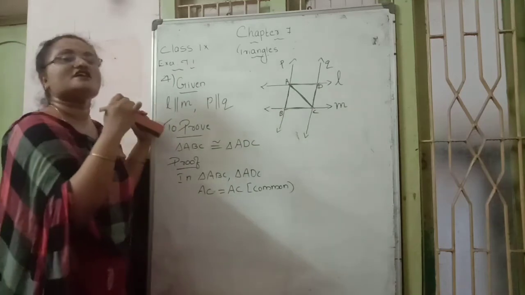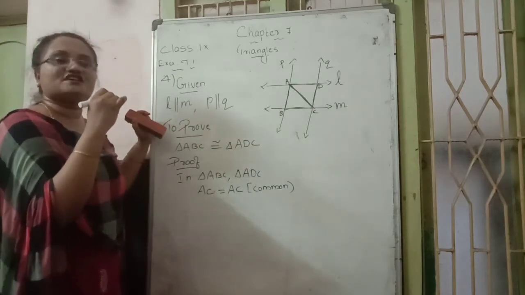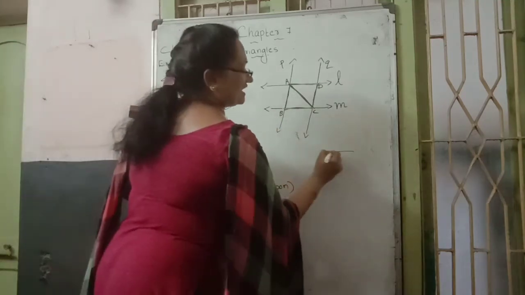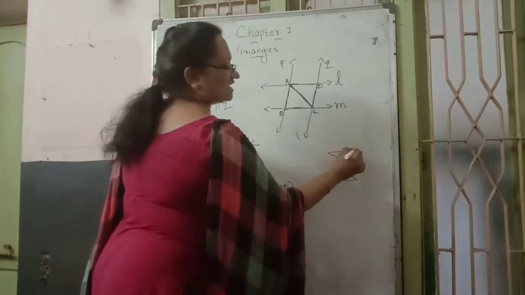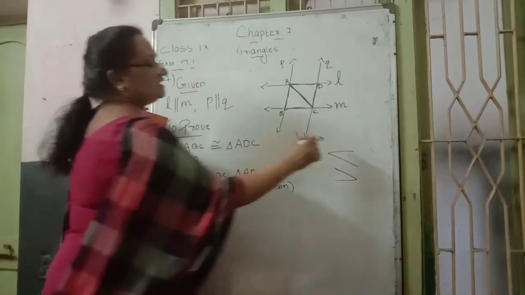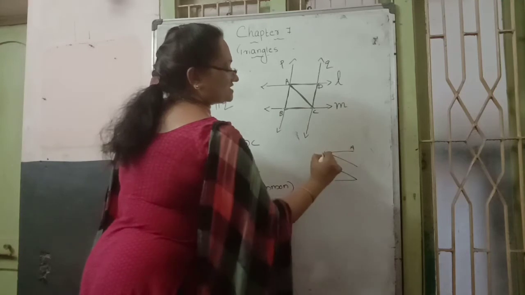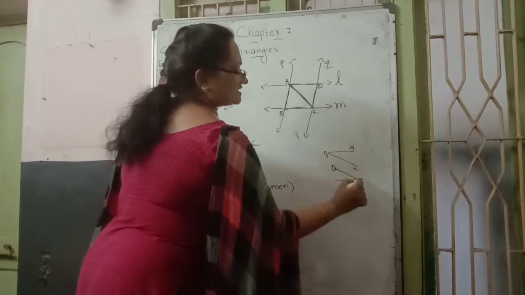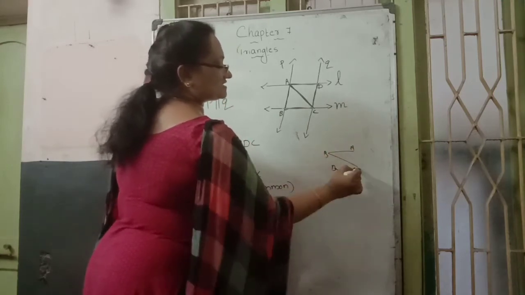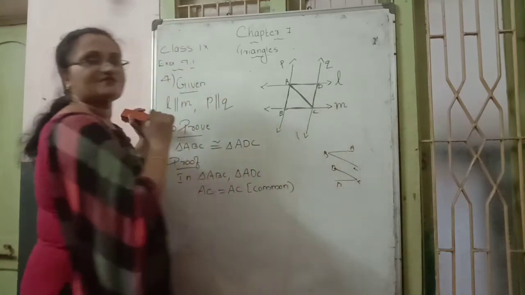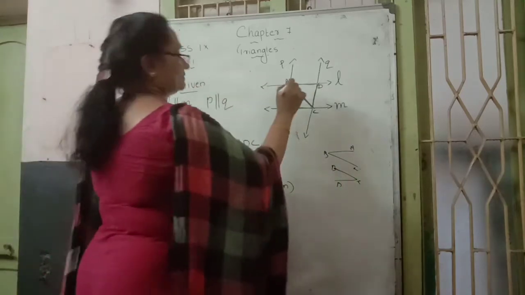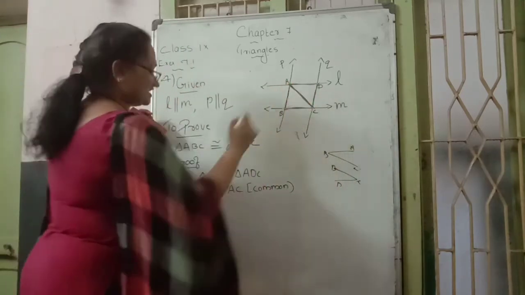When reading alternate interior angles, see, in this way a V shape is there. Here, alphabets A, B, C and B, C, D, we read as angle ABC, angle BCD. That also remember. So they make alternate interior angles.